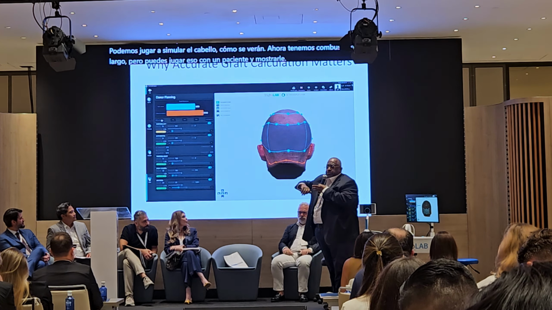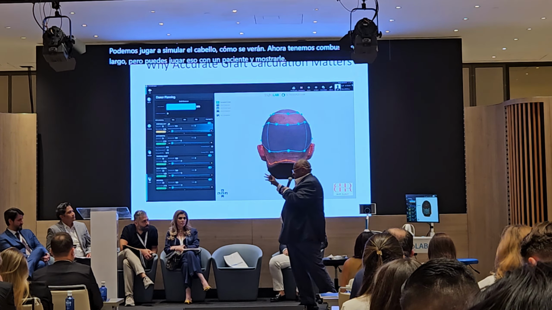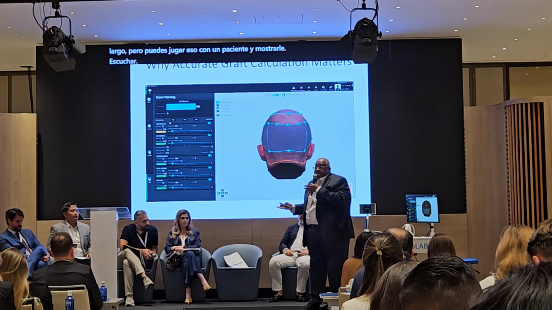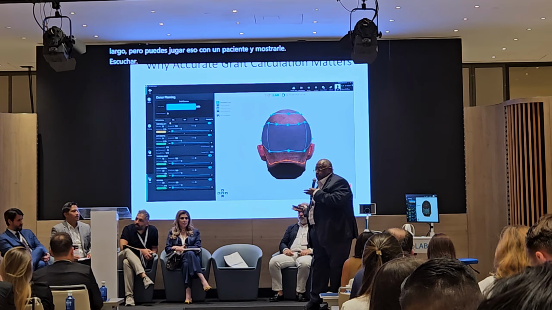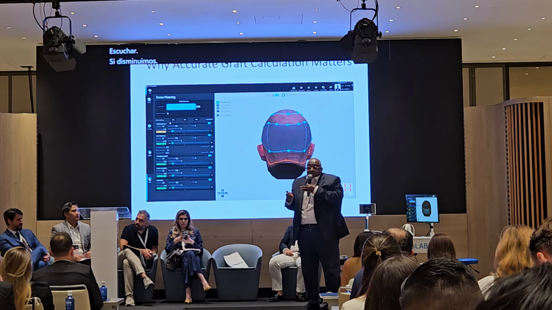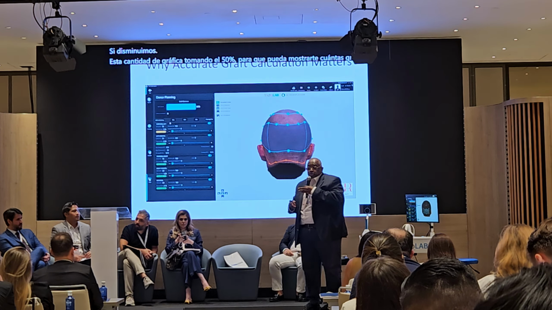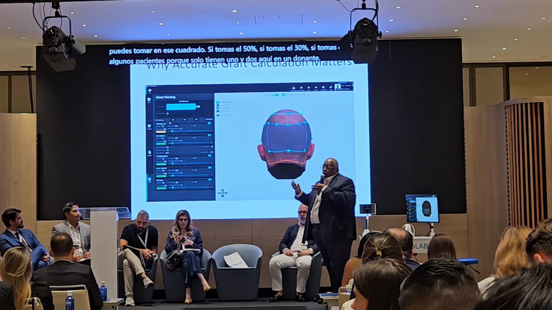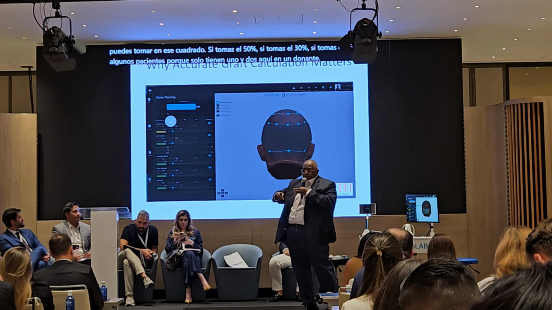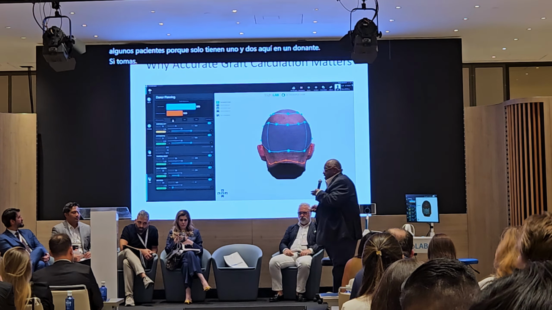If you take 50%, 30%, 15%, some patients, because they only have 1 and 2 hair in the donor, if you take 20%, the donor is going to look overharvested. So it's all about what is in the donor and not what you can take.